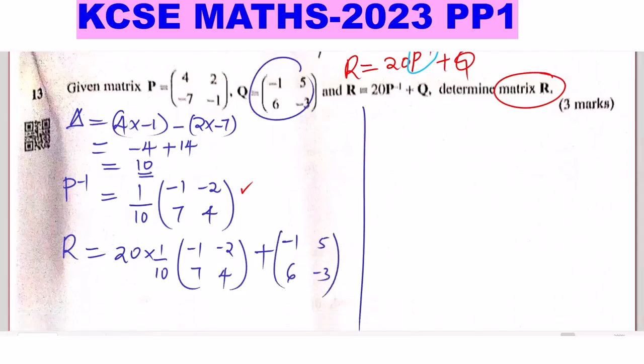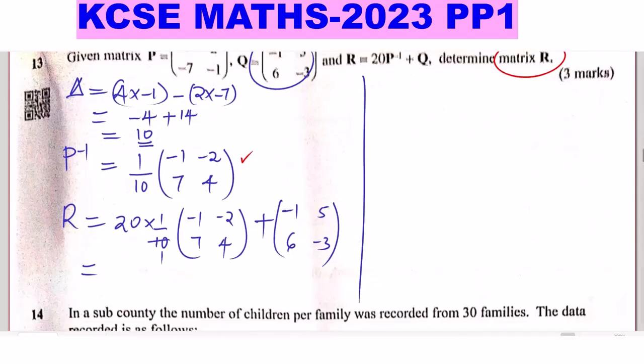When you multiply these, we divide 20 by 10, you get 2. So every element in this matrix, you have to multiply by 2. So you get -2, this will be -4, this will be 14, this will be 8. Each of the elements in this matrix must be multiplied by 2.